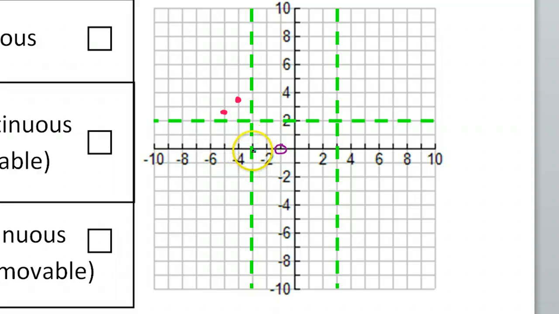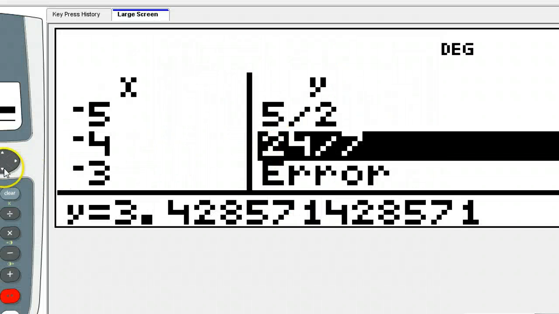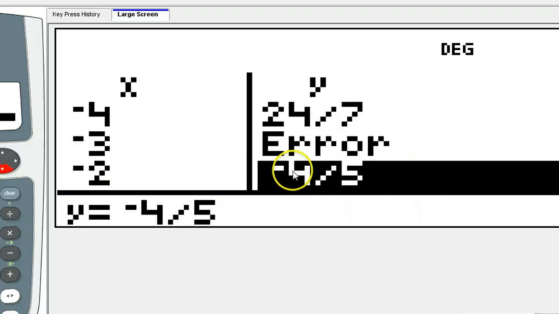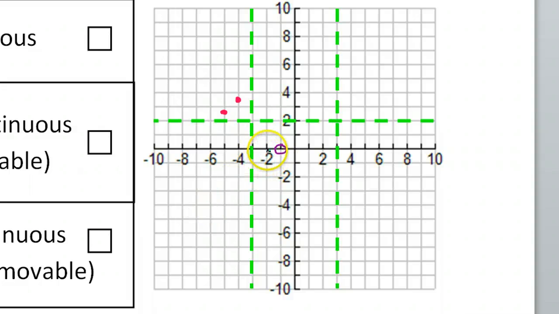Obviously I'll have an error at negative 3 because of the asymptote, but then I'll take a look at negative 2. At negative 2, I've got negative 0.8. So that's almost down to negative 1. At negative 1, I had 0.